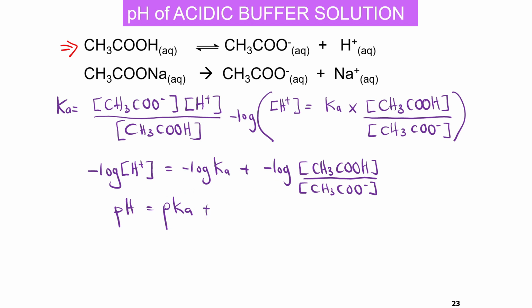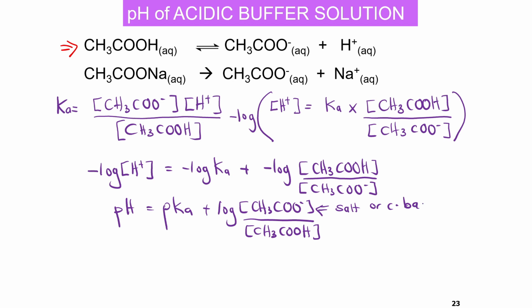Okay, so this one is, kita tak mau tanda negatif di sini, so kita akan invert. Okay, so kita akan dapat log concentration acetate CH3COO minus over CH3COOH, where ini adalah apa ni? Ini adalah salt, ataupun conjugate base, and this is weak acid.